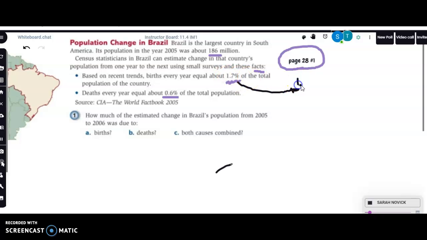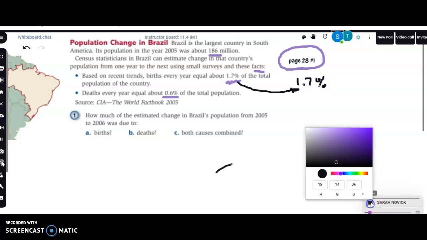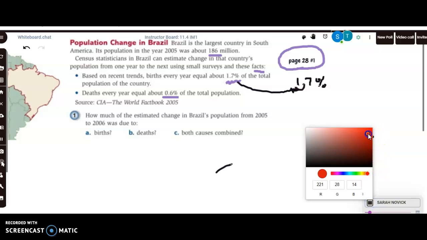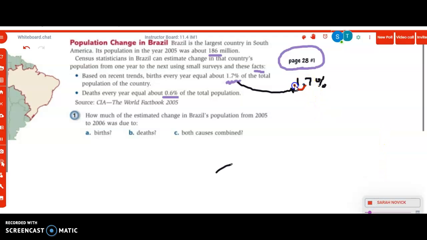So 1.7%, when you convert that to a decimal, the trick is you move 2 places to the left. 1, 2. So the decimal was here, and now it moves here. Now notice that there's nothing here, so we have to fill in a placeholder. So our decimal value we're going to use in our math equation will be 0.017.